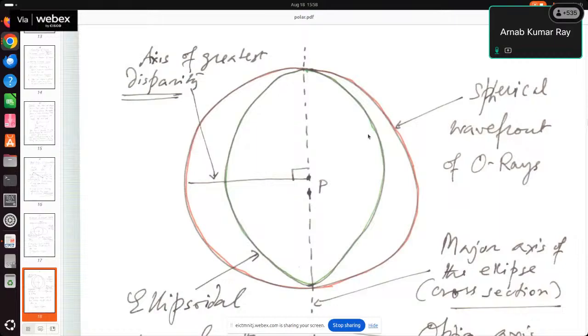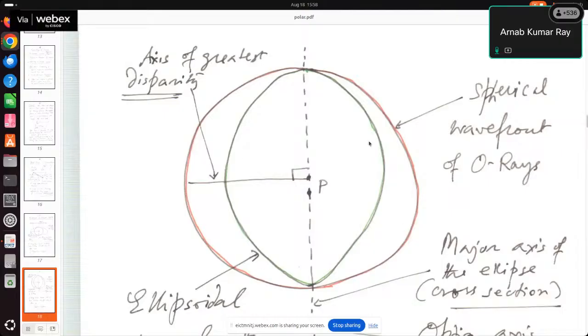And so the axis of disparity is now along the minor axis of the ellipse. In the previous case, the axis of disparity was along the major axis, and here the axis of disparity is along this minor axis of the ellipse.